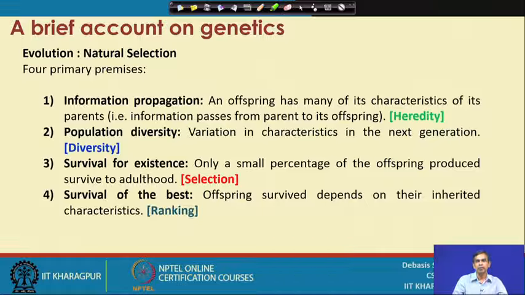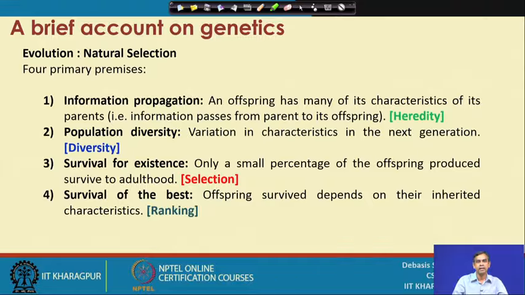Out of many offspring, only a small percentage are able to survive into adulthood, and the others die, as they cannot sustain. That is selection, and our world follows this selection procedure, which is called the survival of the best.